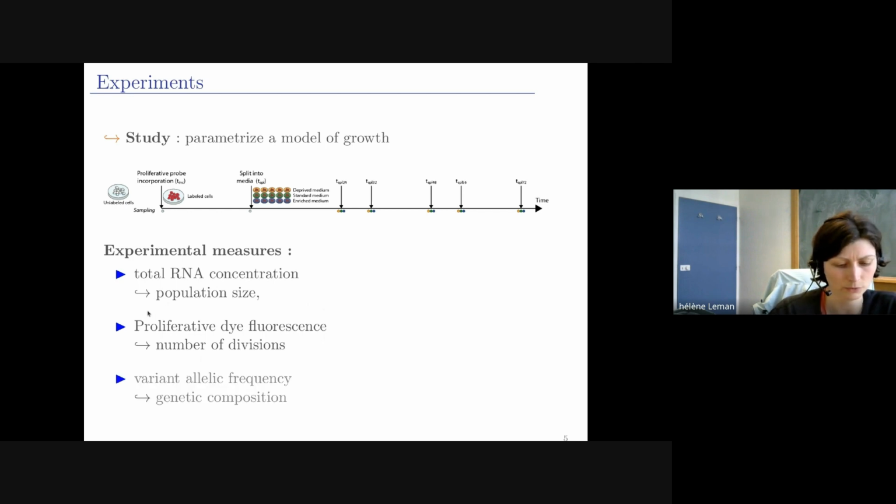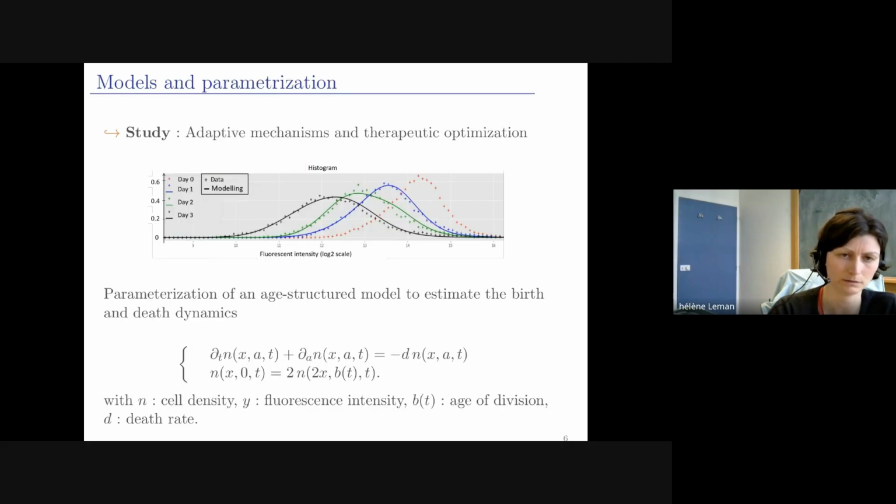Soon we should also have access to some measures related to the genetic composition of the population, but for the moment we don't have access to this. We still have a bit of work before having this data. So with the first two types of measures, we designed a model.